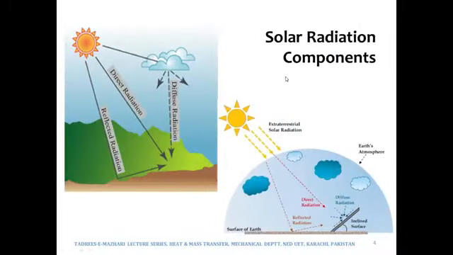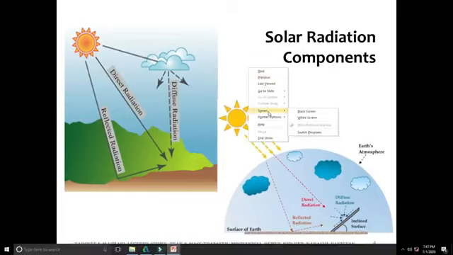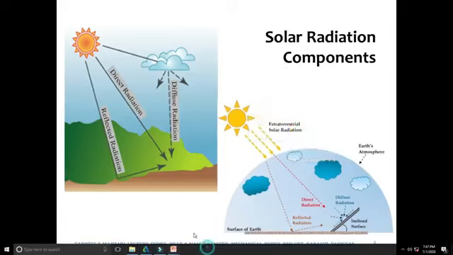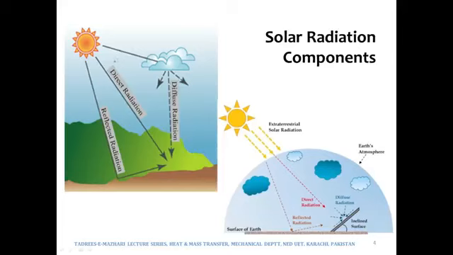Now over here are shown some components of solar radiation. Over here we can see three types of radiation, which are direct, diffuse and reflected. Direct radiation is that solar radiation which reaches any surface directly.